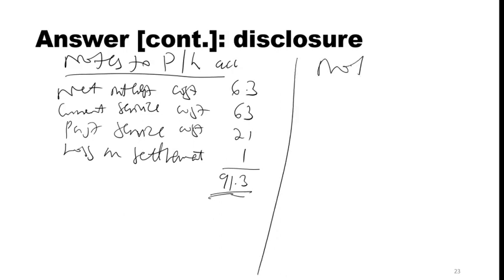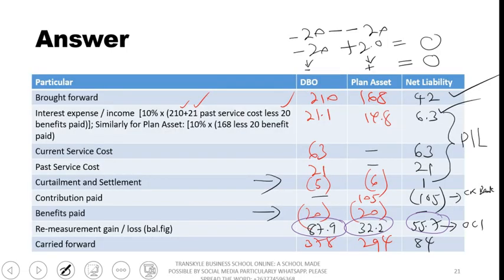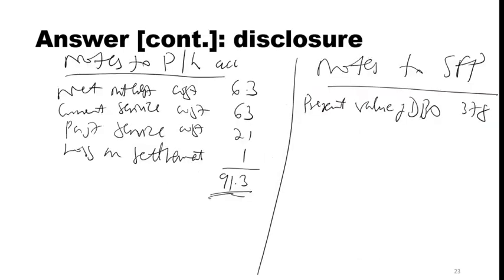Then note to the SFP. Our SFP is going to have the present value of the DBO, defined benefit obligation, that's 378, which is the closing figure of the DBO, and the closing figure of the plan asset is 294. We have to deduct that figure.